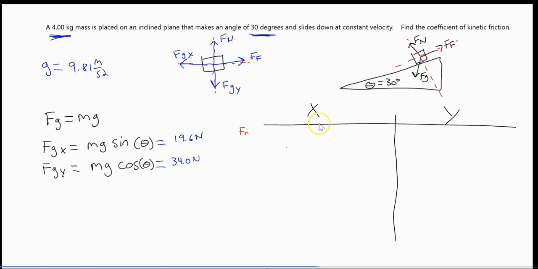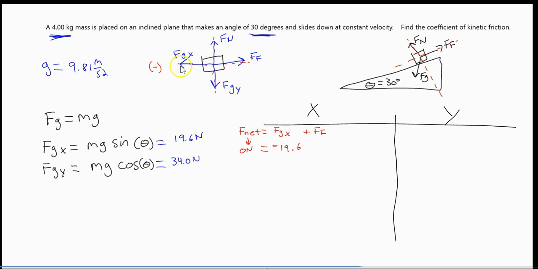So now I want to break up my problem into an x and a y direction. As always, I'm going to take my net force and look at my free body diagram. The net force means all of the forces, so in my x direction I look at Fgx and the force of friction. I know my Fnet is 0 newtons, because it says constant velocity, so I have no acceleration.